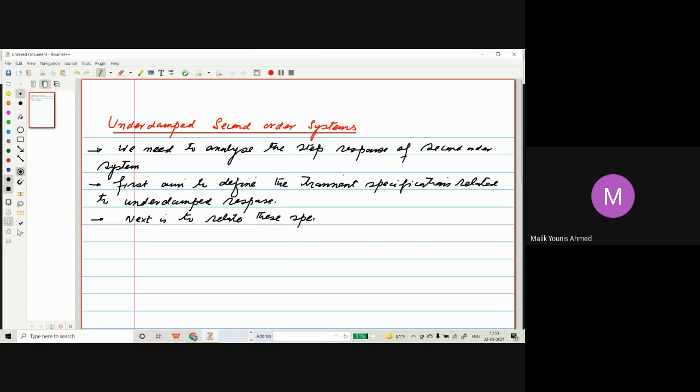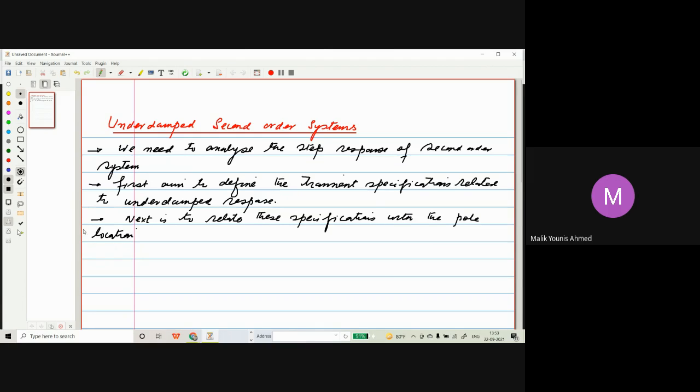We relate these specifications with the pole, not response, location. With the pole location.